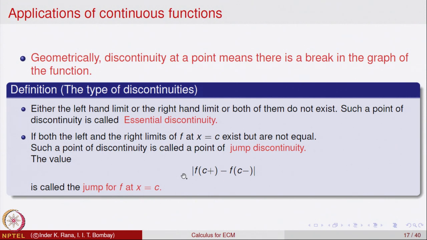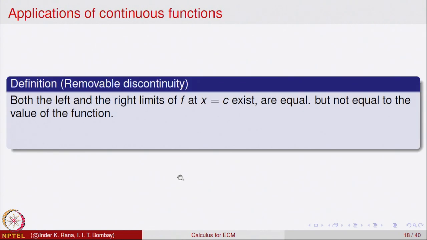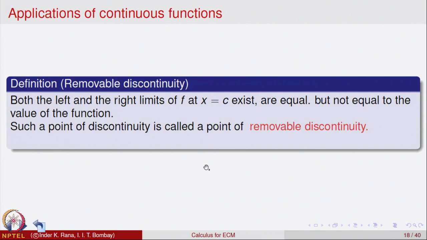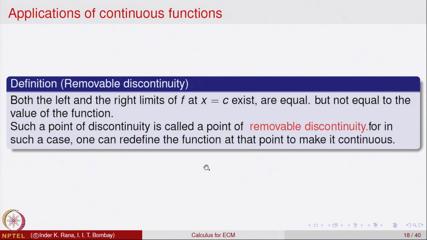And the third is called the removable discontinuity, where the left limit is equal to the right limit, but not equal to the value of the function at that point.